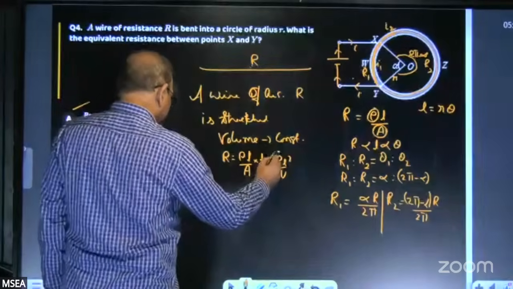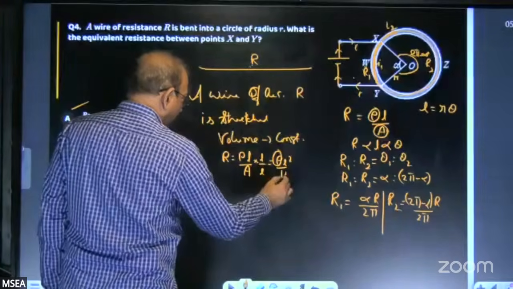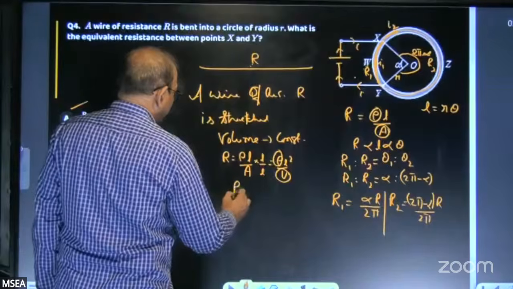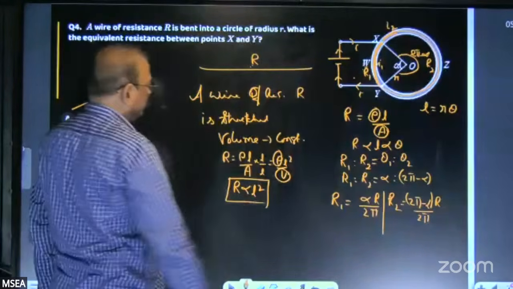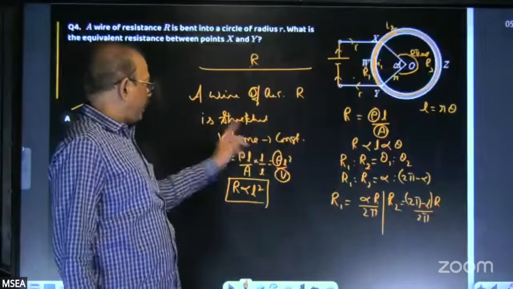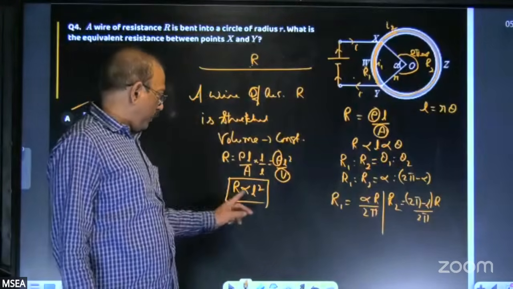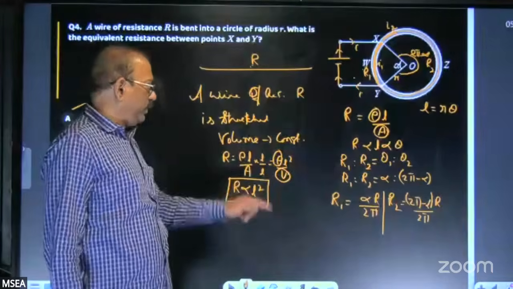In this stretching process, rho is the same and volume is the same. So resistance is proportional to the square of length. When a wire is stretched, you have to use R proportional to L square.